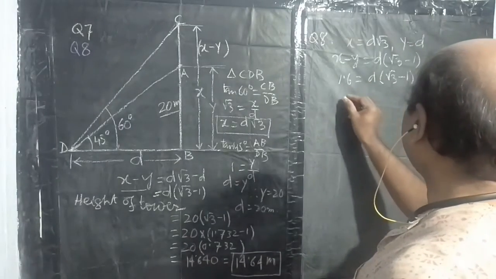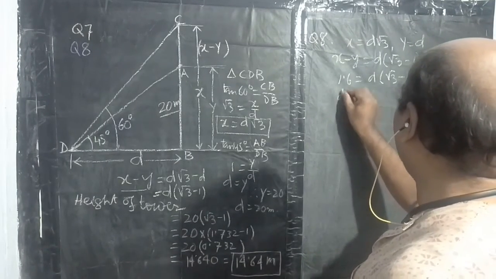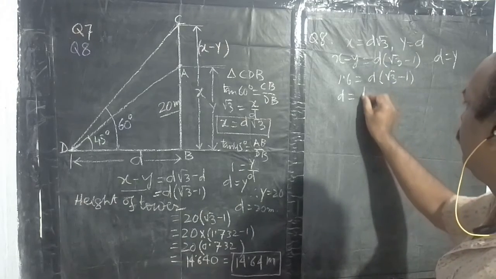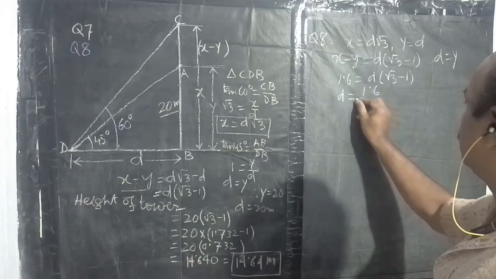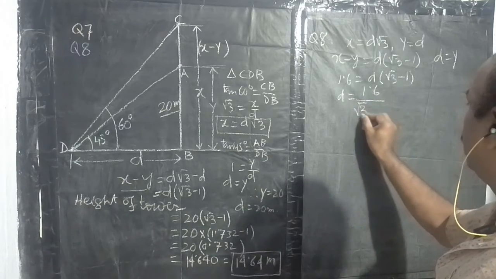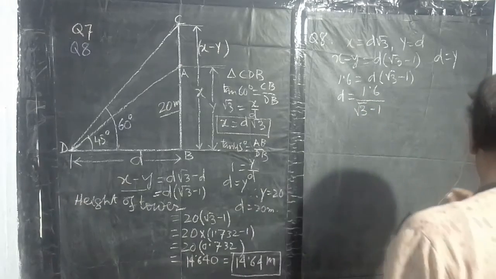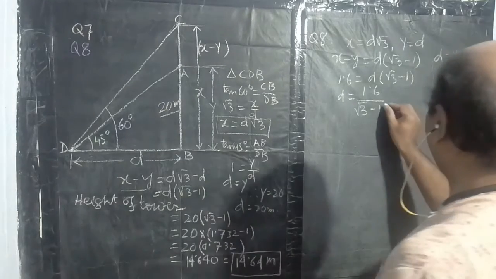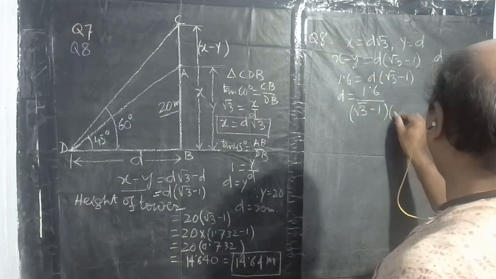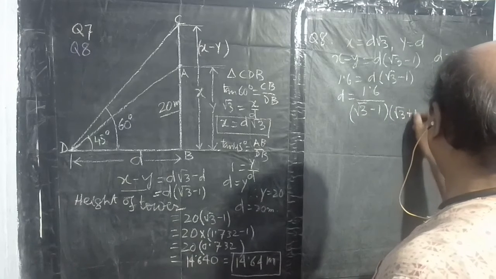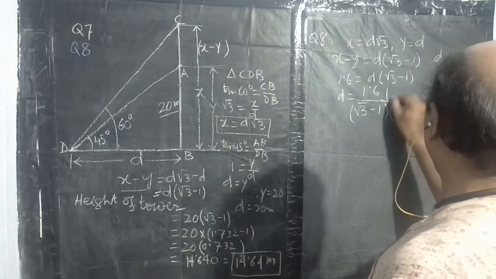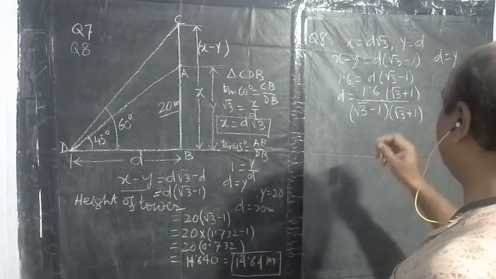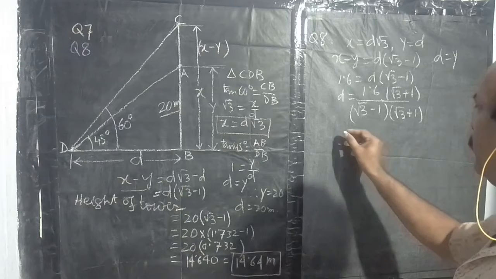Now, D is equal to, if root 3 minus 1 we bring below, 1.6 over root 3 minus 1. Now we can rationalize this root 3 minus 1 by multiplying by root 3 plus 1 on top and bottom. This is simple mathematics, you know all.